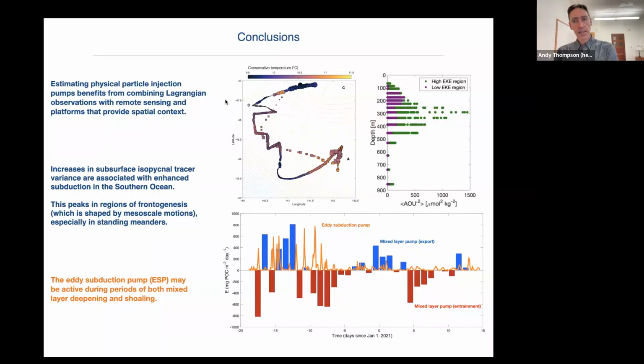Yeah, so the thing to keep in mind, which you certainly know well, but maybe for others, is that when we use the parameterization that we're using here, we're assuming that we're estimating over both these downwelling and upwelling motions, and that there's a net effect that slumps the density surfaces. So inherent in this assumption is that if you're getting a positive export flux, there is more POC in the surface ocean being carried down, and what's below the depth of the mixed layer, being carried upward, has lower concentrations.